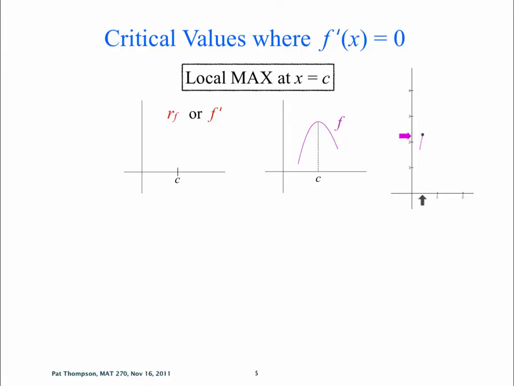We want to see this dynamically. First, I want you to look at the black arrow here on the x-axis, which is representing the independent variable increasing. Watch that for a second.